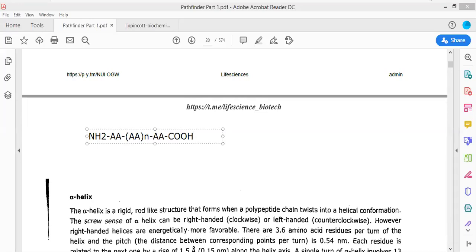This is referred to as the primary structure.